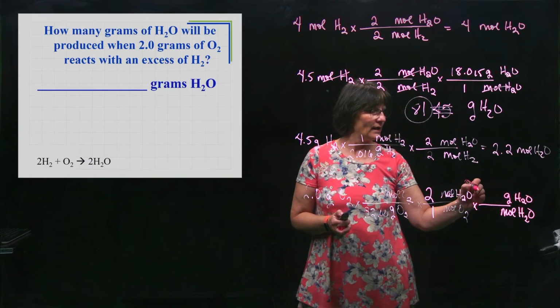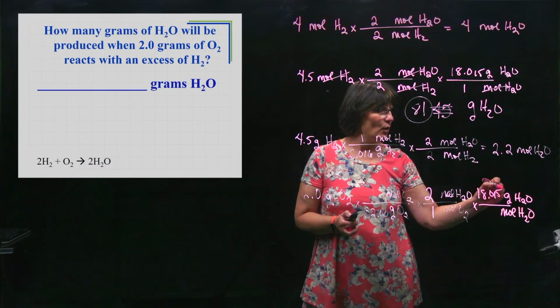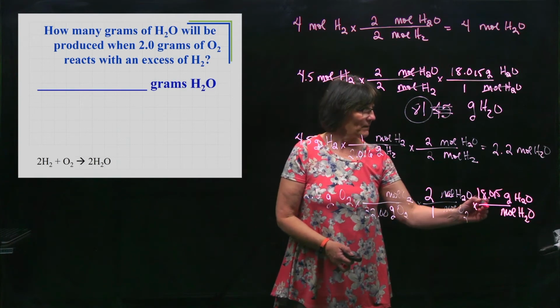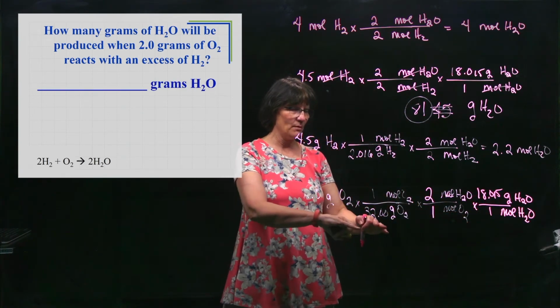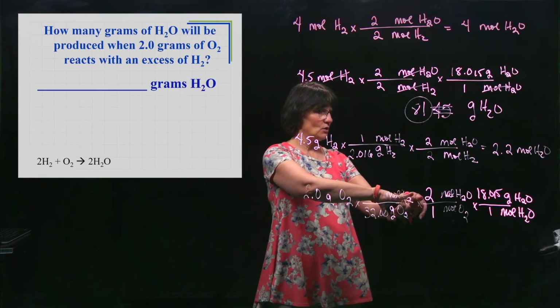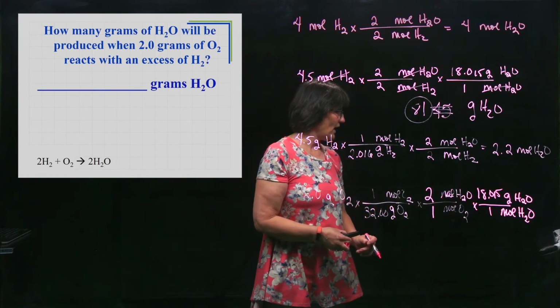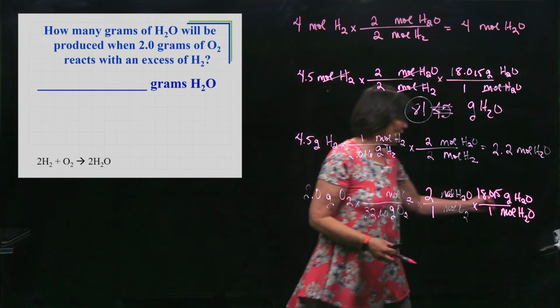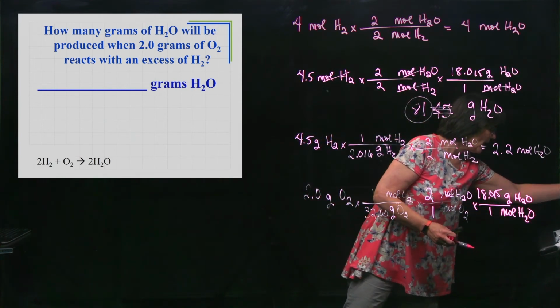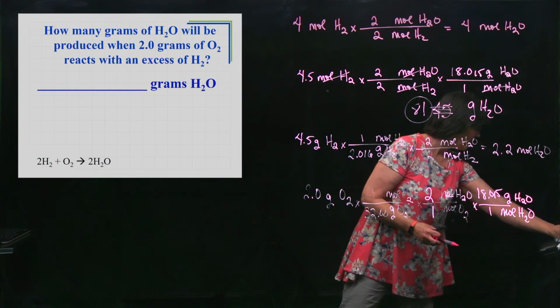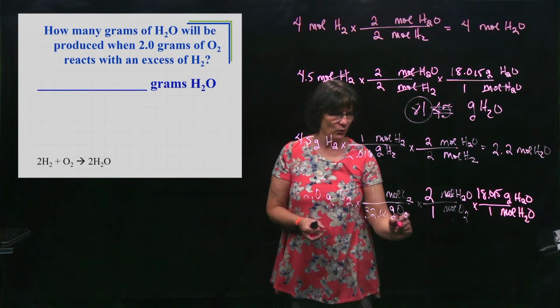And we go to our periodic table and we add up the molar mass of each of those things, and that will give me the value there. So now I'm going to take 2 divided by 32 times 2 times 18.015, and when I put those values into my calculator, I will have a value of 2.3 grams of water.